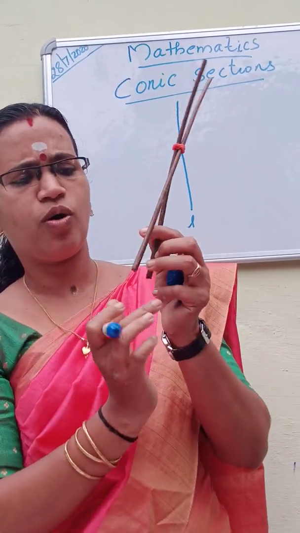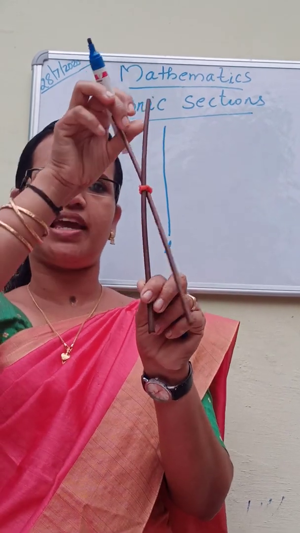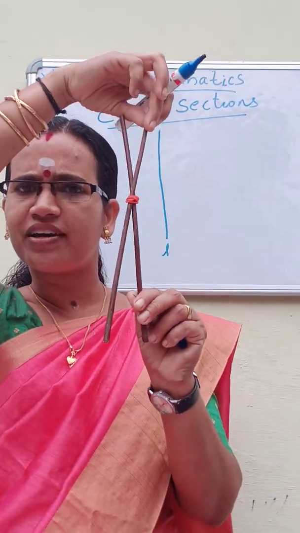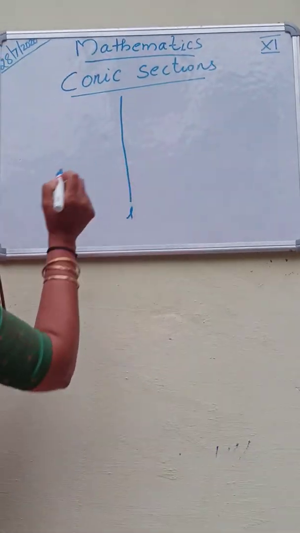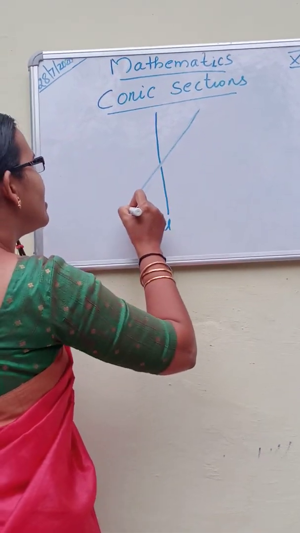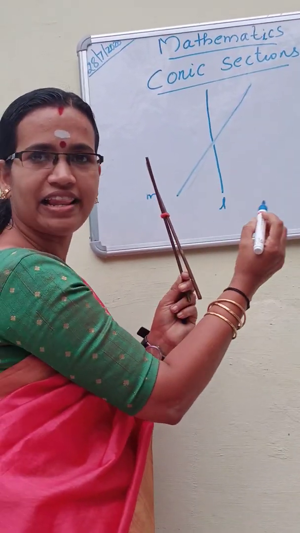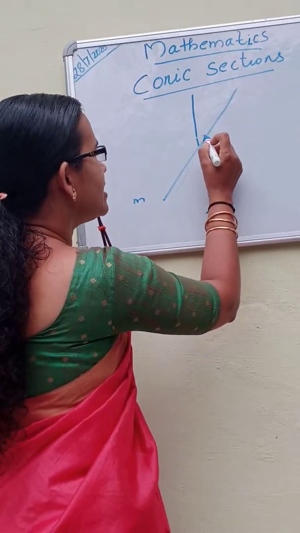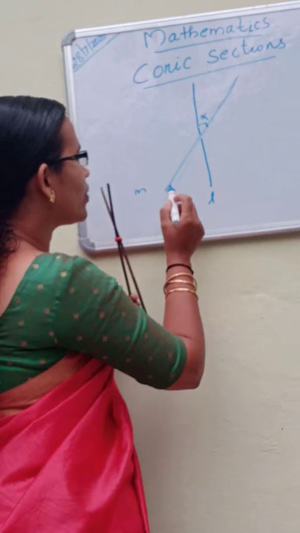What is the shape formed in the bottom? Yes, a circle. So this is L and there is another line, that is M. Rotate this line with the angle constant.